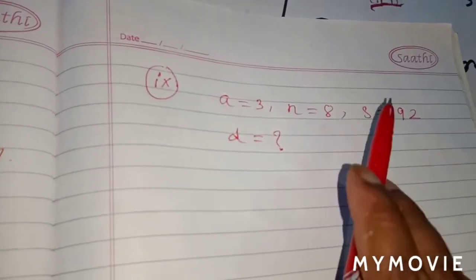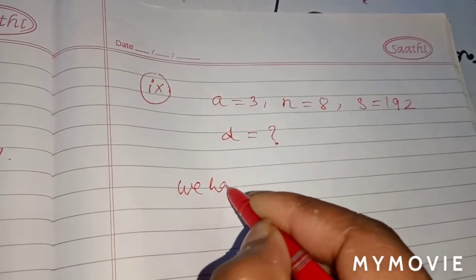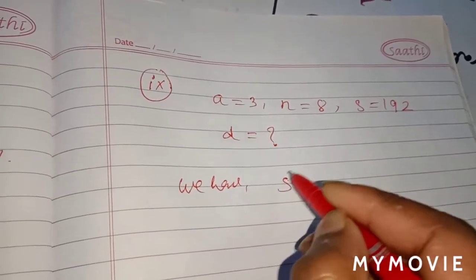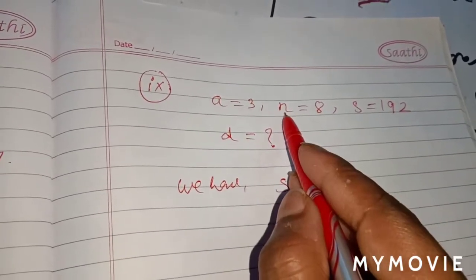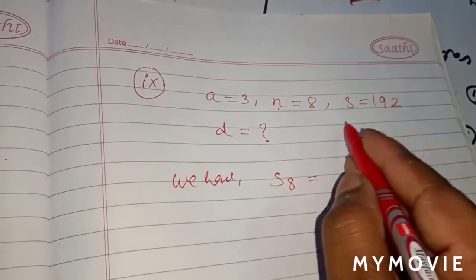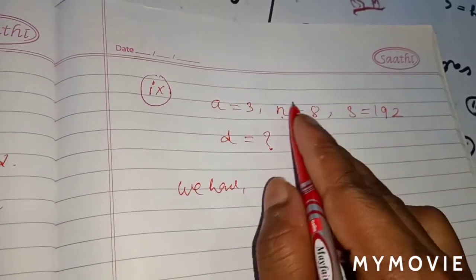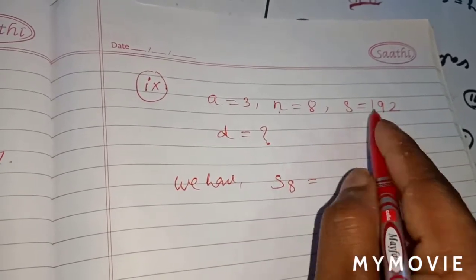Here it is clear. They have given S, so we should use the formula of S. S means sum. N is 8, they have given. Then you can write S8. Actually they have given N as 8, because it is the sum of 8 terms, and the sum of 8 terms is 192.